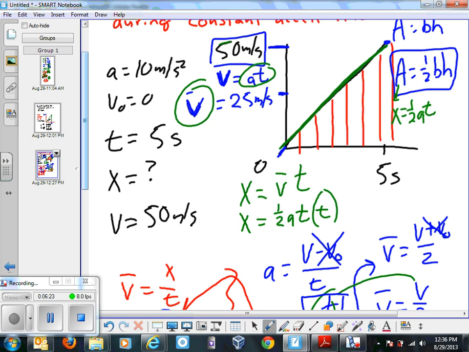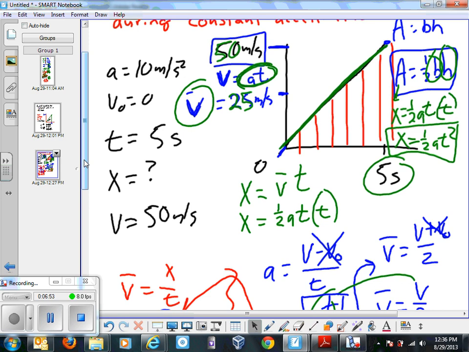Because AT got us 50, and 1/2 of that is our average velocity times time. Our height here is the 1/2 AT, and our base here is the time. And we can see that X, following our area under the curve formula, is 1/2 AT squared.